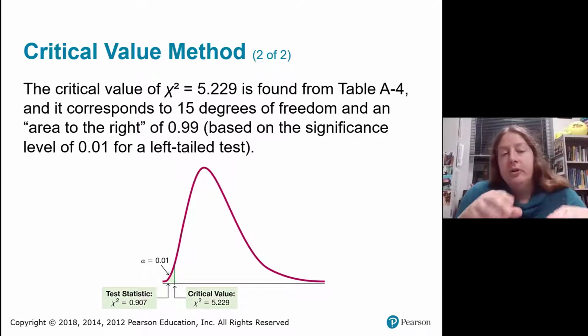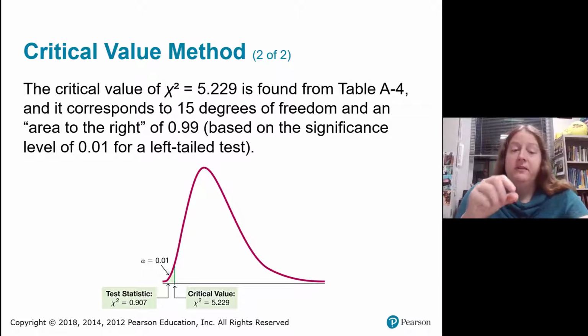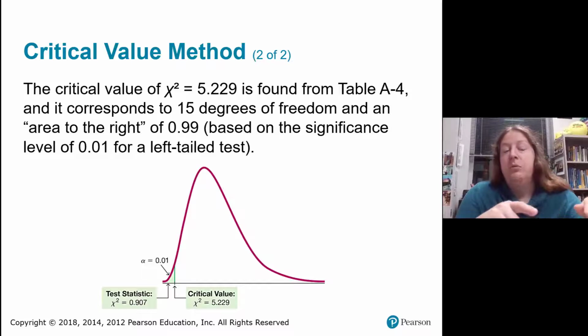But if we were using the p-value method in table A4, you would look in the 15 degrees of freedom row, and locate where 0.907 would fall in the spectrum of chi-square values given. Then you would approximate what the p-value is based on that.